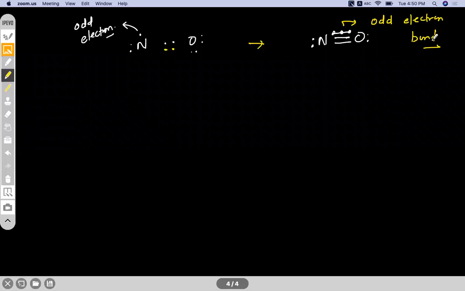Okay, got it? Yes, the strength of an odd electron bond is lesser than the single bond.